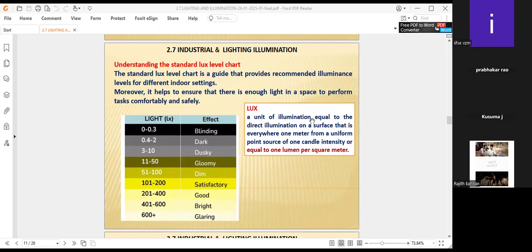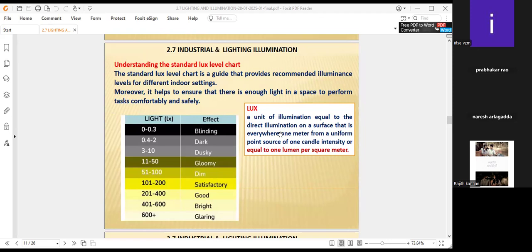A unit of illumination equal to the direct illumination. That means illumination is the rays falling on a surface that is everywhere 1 meter from a uniform point source of one candle intensity.